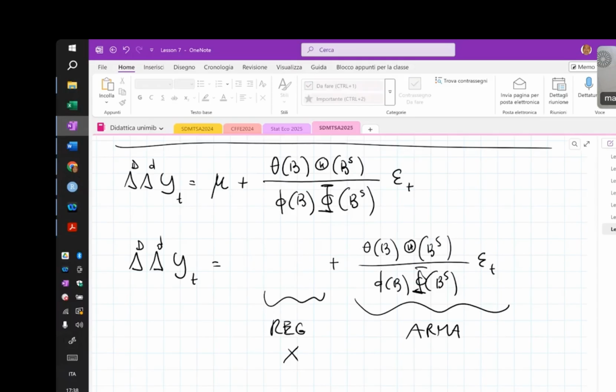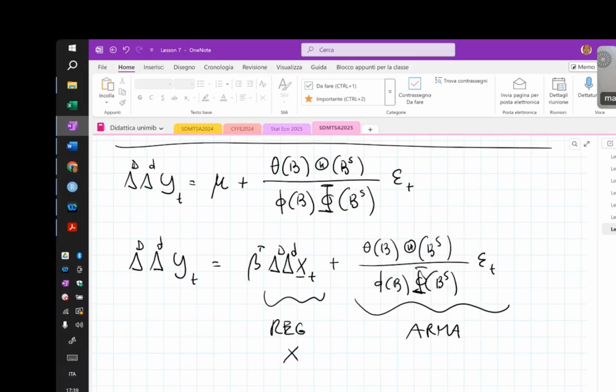So this is like the regression coefficient. Of course, this is a vector of regressors. I apply the difference to every single time series of the X vectors, okay? So this is what R and Python do.